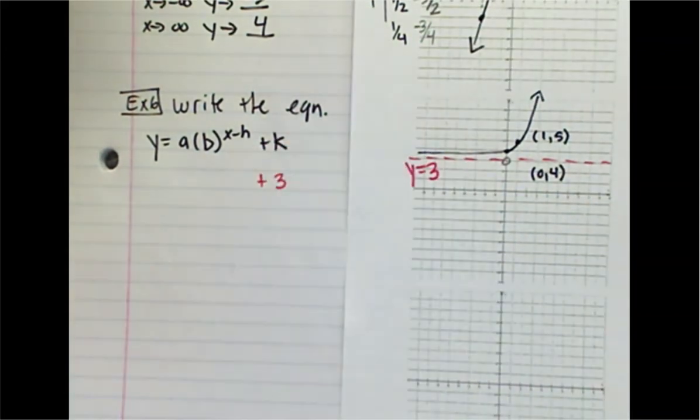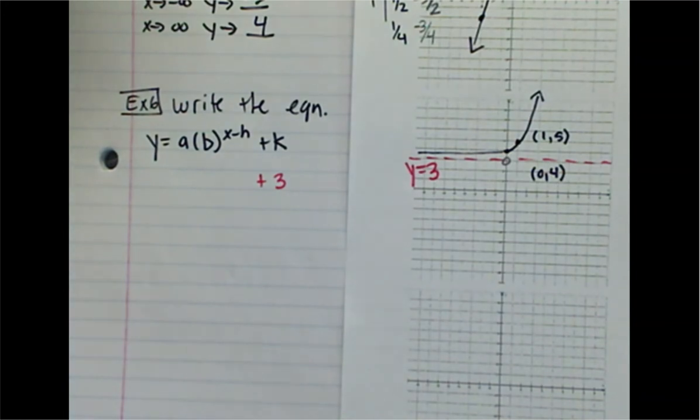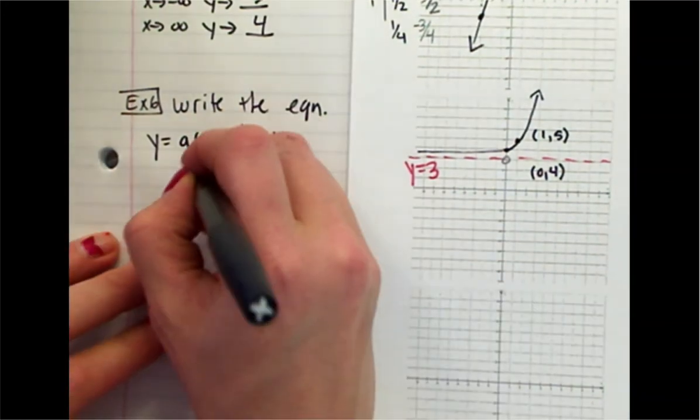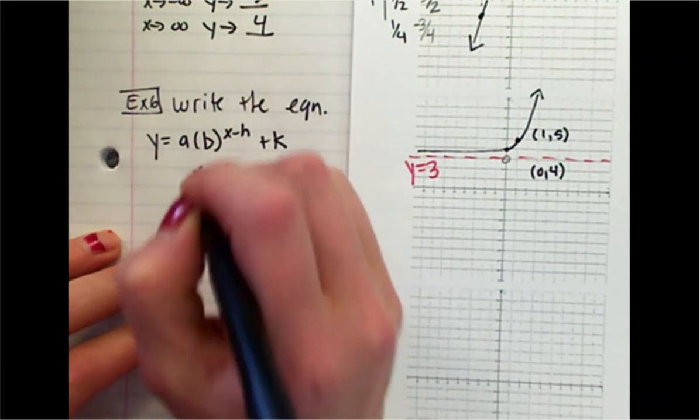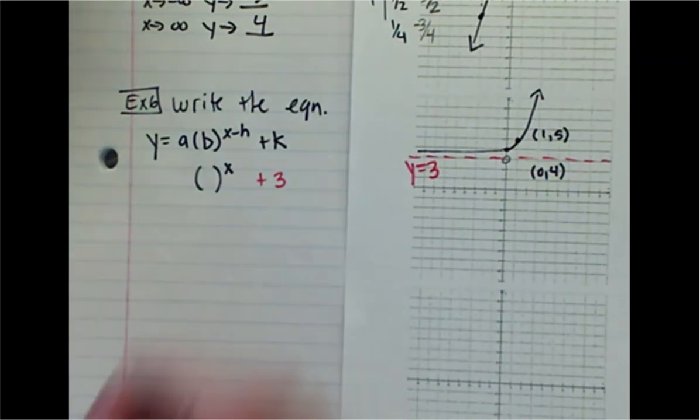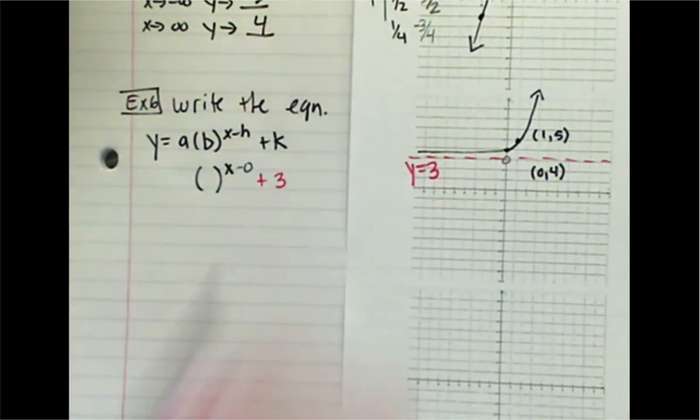Plus 3. Okay? There's no h. h is 0. Now I marked the center for you guys. Right and left none, up 3. So let's put the h in there. 0, right? I don't need to write 0.